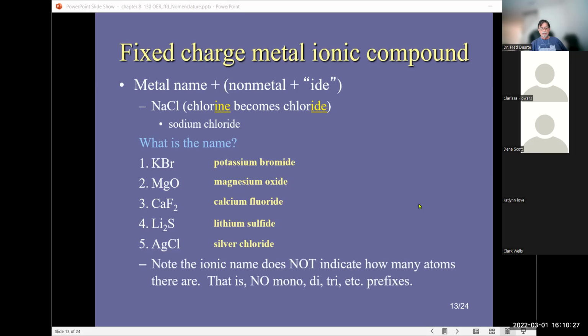All right, so another takeaway, with ionic compounds, no prefixes. So it would be incorrect to say calcium difluoride. That would be incorrect. Or dilithium sulfide. That would be incorrect. Unless you're in Star Trek and you got dilithium crystals. Little side note there.